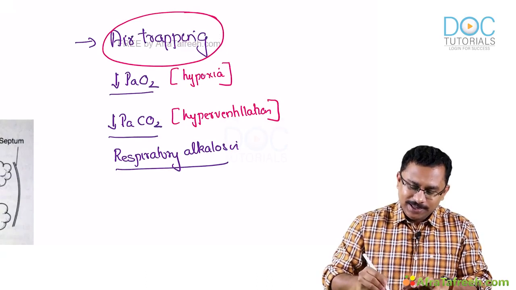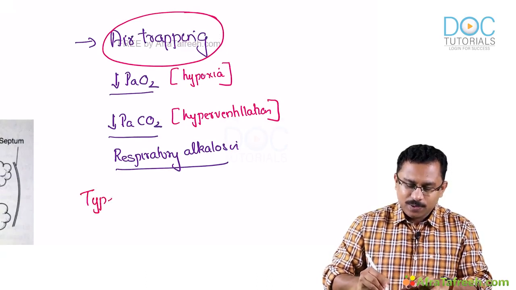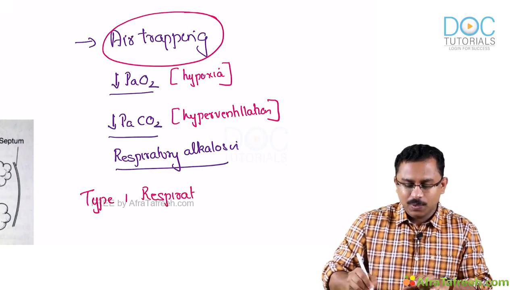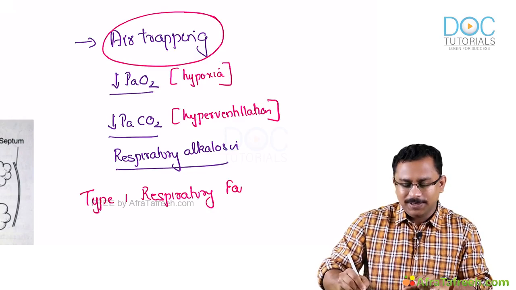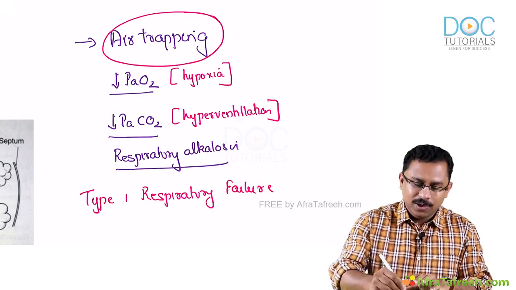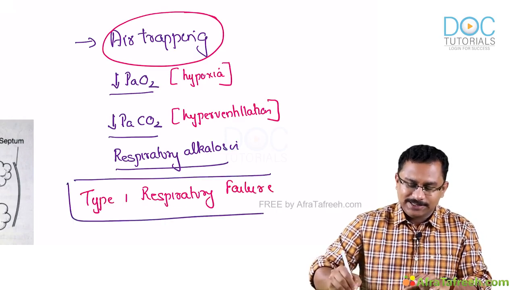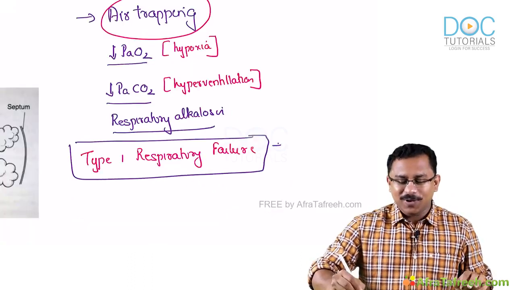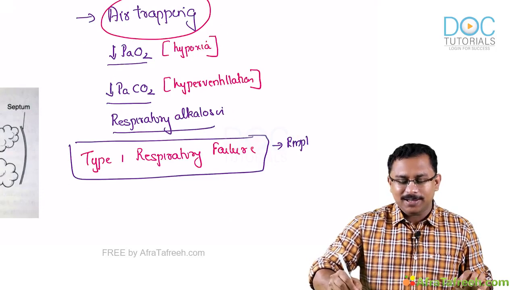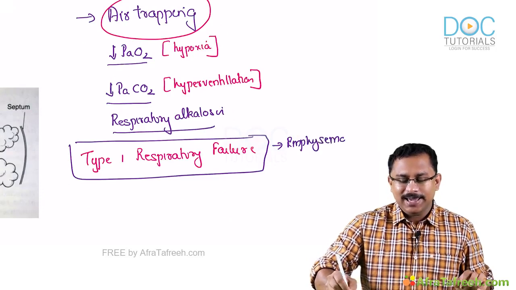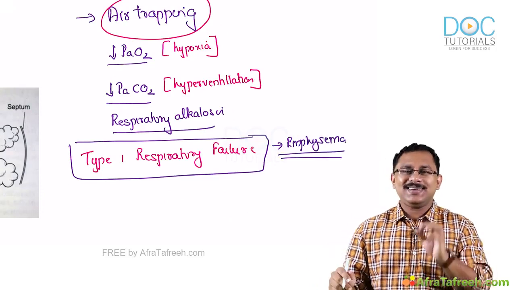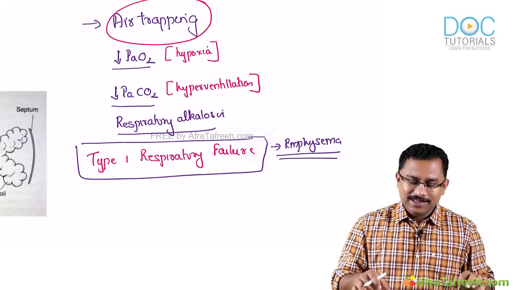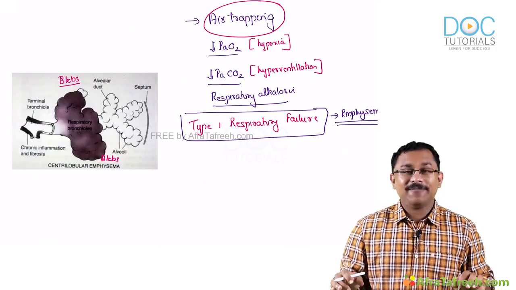This is very, very important, because your emphysema results in type 1 respiratory failure. Now what about chronic bronchitis? We will see that shortly, but always keep this in mind. Emphysema is going to be a type 1 respiratory failure. Okay, very clear. So this is what happens in your emphysema.